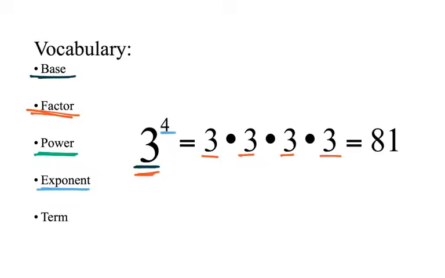So when you read it out loud, instead of saying 3 to the 4th exponent, you say 3 to the 4th power. So they go together. So you might hear the word exponent or power. When I read it out loud, I'm going to say 3 to the 4th power, but we're going to talk about that 4 as an exponent. It's a little confusing, but you'll get used to it.